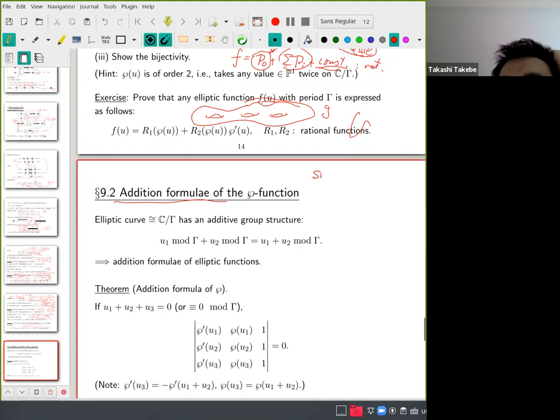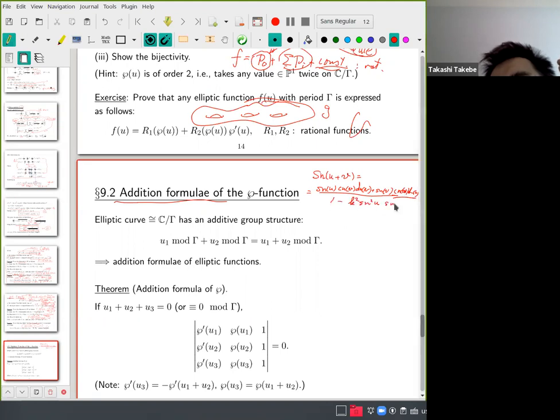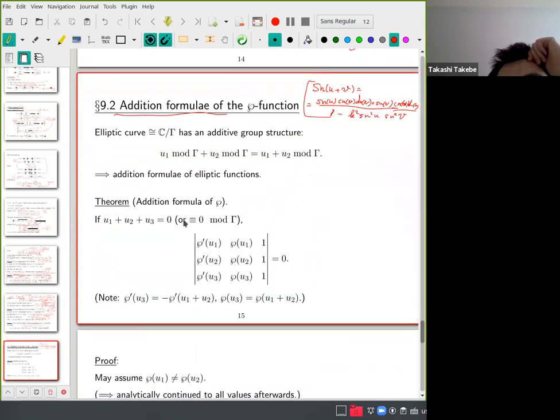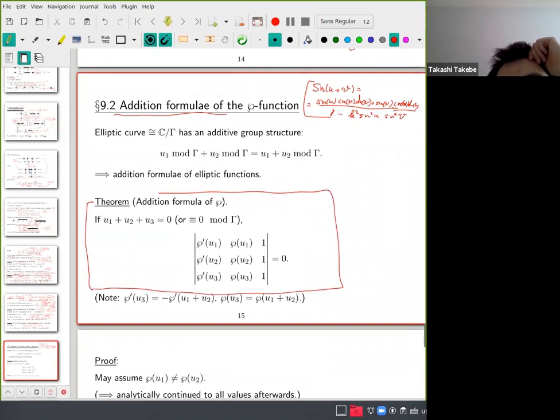So we know that another elliptic function has a certain addition formula. P function also has an addition formula, which is like this.